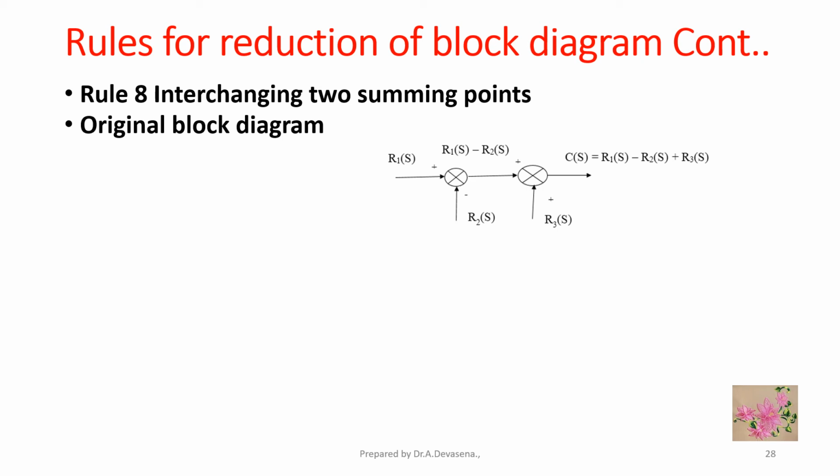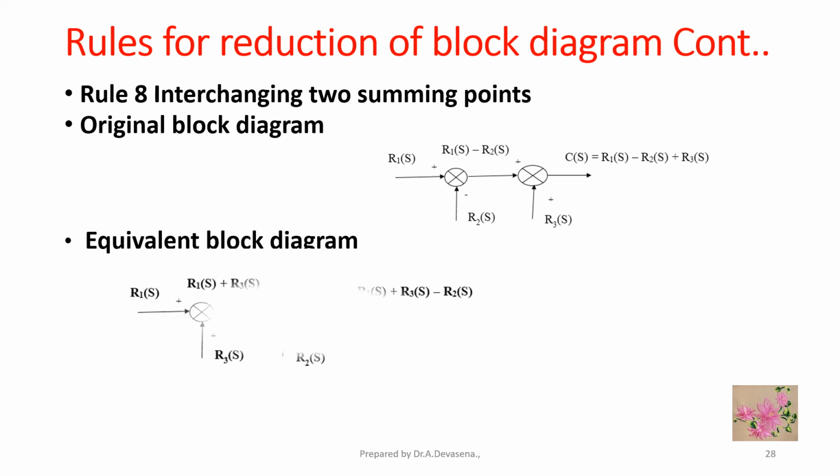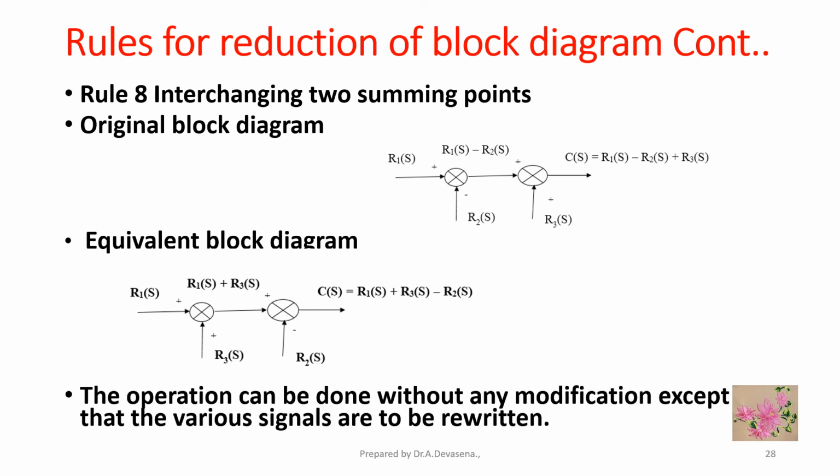So the output is C(s) equal to R1(s) minus R2(s) plus R3(s). If we interchange these summing points, the equivalent block diagram is shown here. This is the representation of interchanging two summing points. That is, the operation can be done without any modification except that the various signals are to be rewritten.